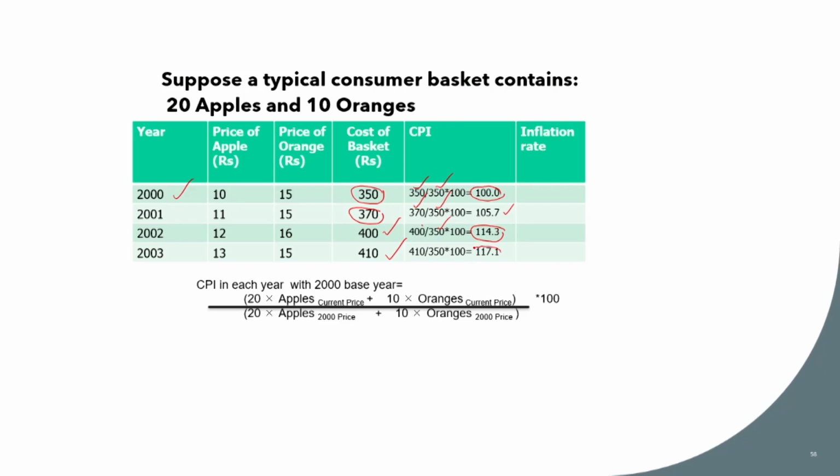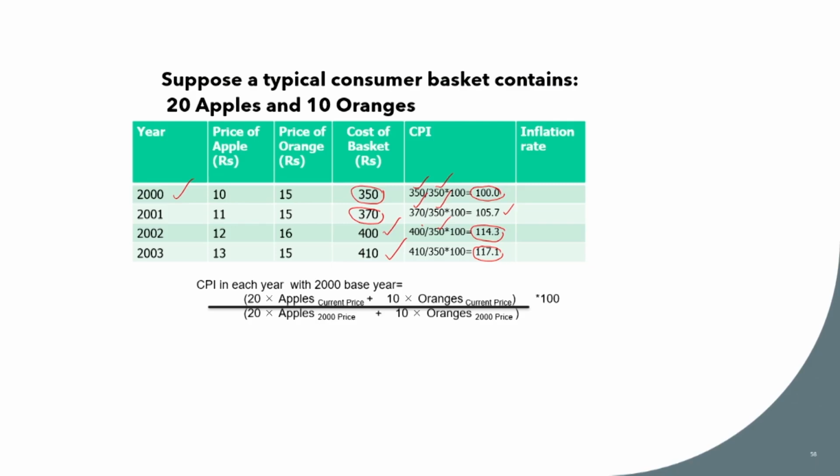Accordingly, you will also get the CPI in 2003, which is 117.1. So what we have done in the CPI calculation is measure the cost of the basket in that particular year divided by the cost of the basket in the base year, times 100.